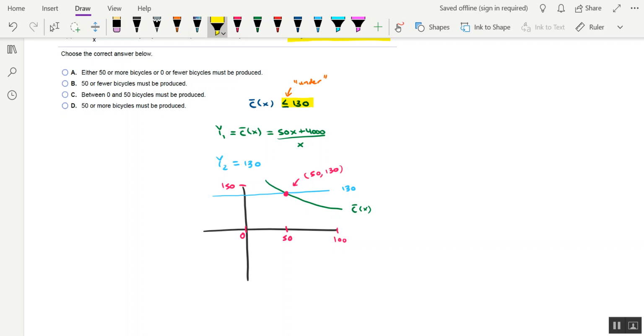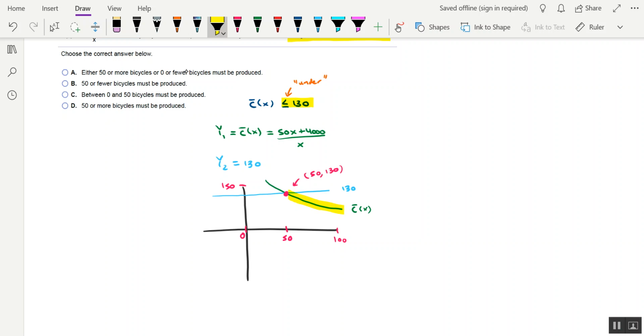There's one piece of this average cost function that satisfies that criterion, and it would be this piece hooking down towards the right. That part of the average cost function is underneath the graph of y equals 130, so that is the relevant piece.